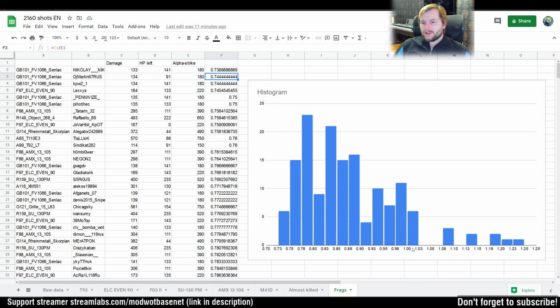So this last shot, almost never. You have only about a 7% chance to destroy an enemy tank which has a bit more HP than your alpha strike.